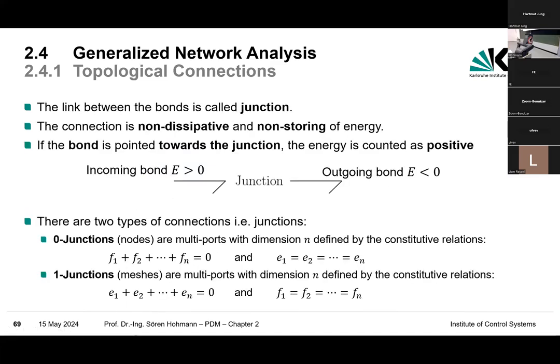So this is something which we already know, and the link between so-called bonds is called a junction. So if you connect something, then we do a junction, and this junction is non-dissipative, non-storing. So an entire energy which goes in goes out, and an entire power which goes in goes out.